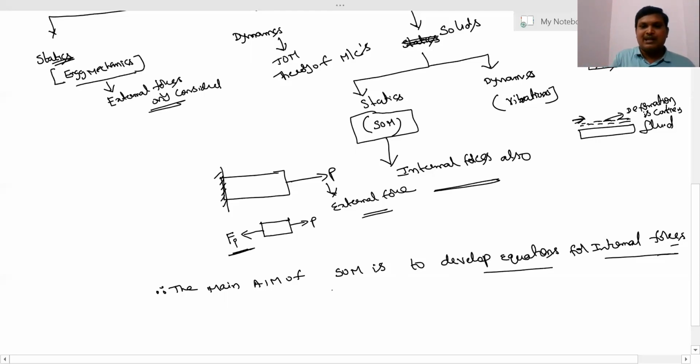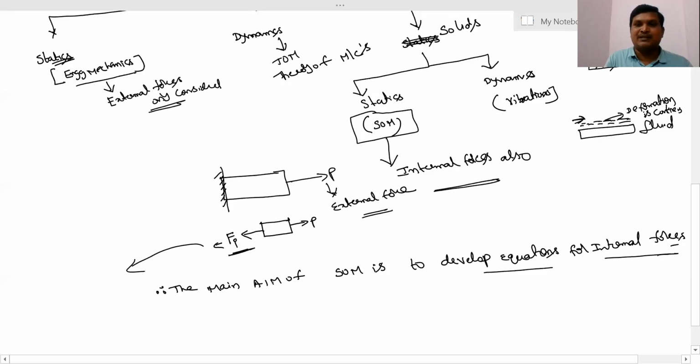So the pain in the member, the internal resistance force, is the cause of stress as well as strain. The main aim of strength of materials is to develop equations for internal resistance forces, which are the cause of stress and strain. In entire strength of materials, we develop equations for stress and strain.